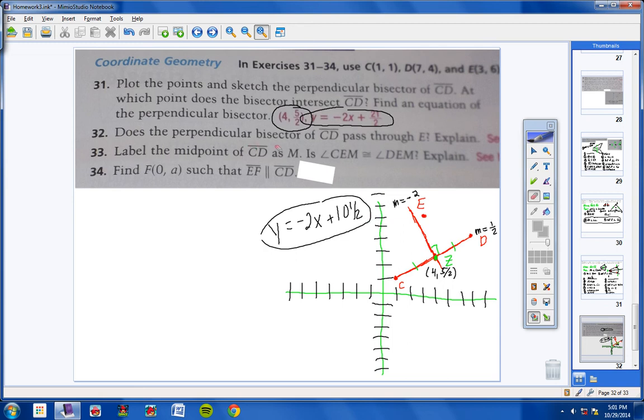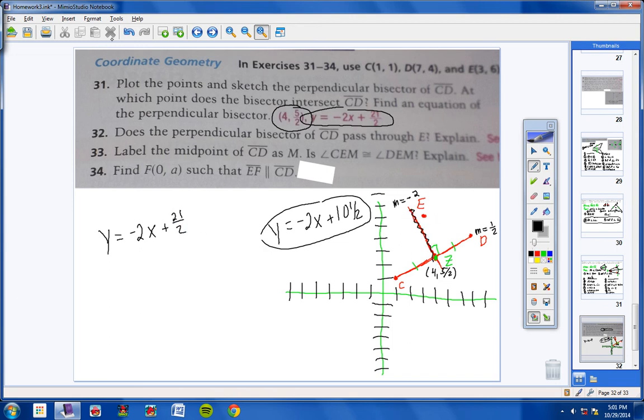Does the perpendicular bisector pass through E? Well, that's a really good question. Now watch how I'm going to solve this, okay, students? Please watch carefully. Does the perpendicular bisector of CD pass through E? Well, here's the equation right here. Here's the equation of this line.